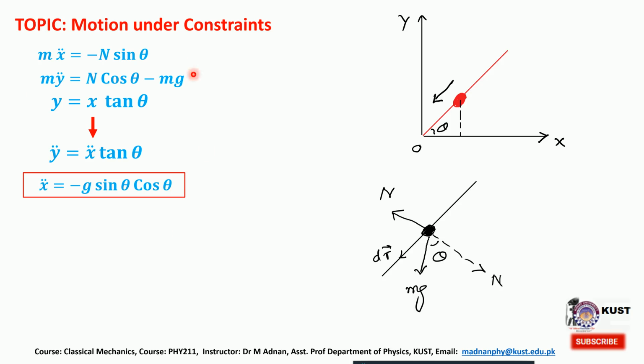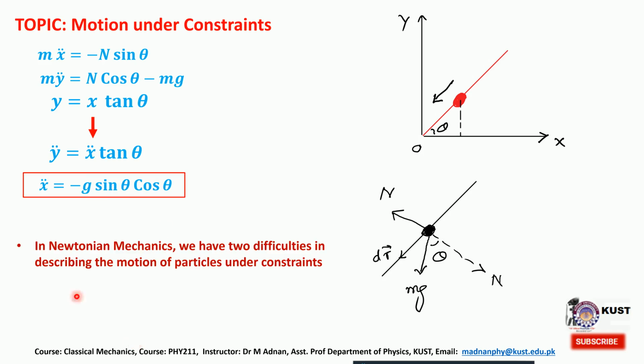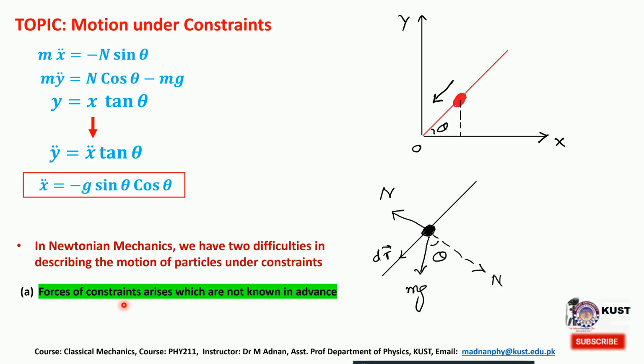So from this short example, we can say that once the system is constrained, unknown forces arise which are not known in advance, so first we need to eliminate them to describe the motion of the object. While solving constrained systems through Newtonian mechanics, we have two difficulties. The first is that forces of constraint arise which are not known in advance.